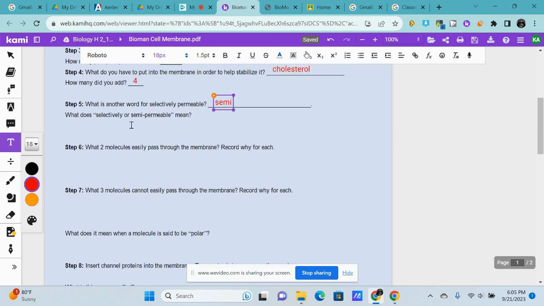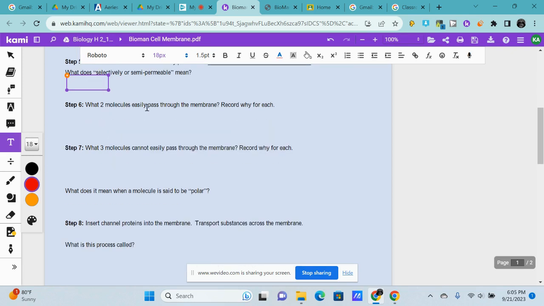What does selectively or semi-permeable mean? I'm just going to say it because these words are easy to spell. It means some substances can pass through the membrane freely while other substances are blocked. You need to write that right here.